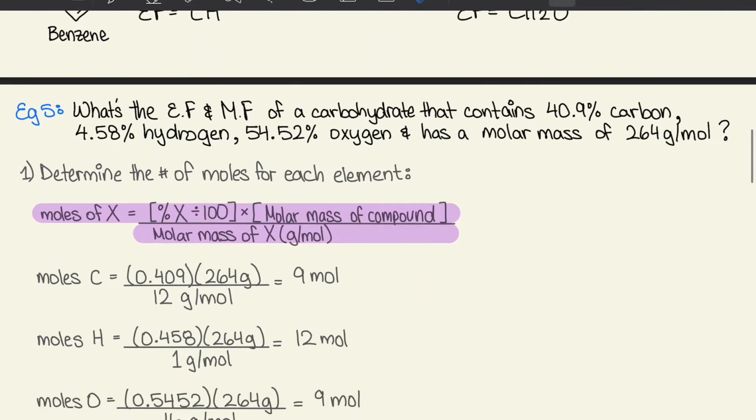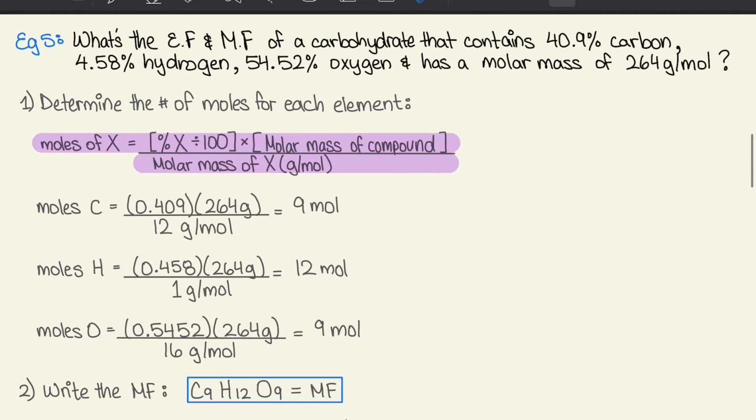And I have an example here. So what's the EF and MF, which represent empirical formula and molecular formula, for a carbohydrate that contains 40.9% carbon, 4.58% hydrogen, and 54.52% oxygen, and has a molar mass of 264 grams per mole. So the first thing we want to do is determine the number of moles for each element.